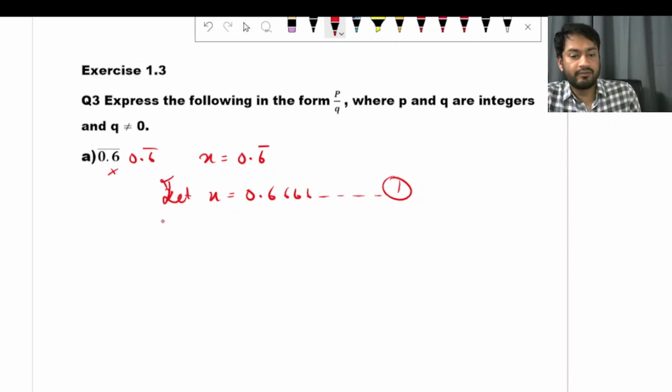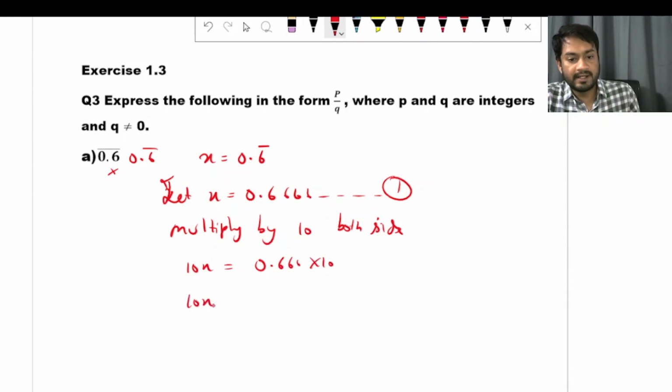Now there is a bar on only one digit, so multiply both sides by 10, right? It will become 10x is equal to 0.666 multiplied by 10.